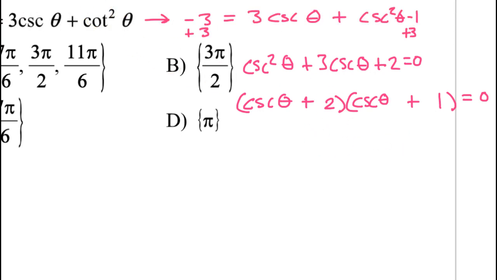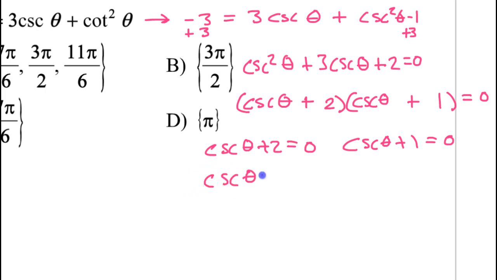Now we will set each of these factors equal to 0. So we will have cosecant plus 2 is equal to 0, and cosecant plus 1 is equal to 0. Subtracting 2 from both sides, I will have cosecant is equal to negative 2.